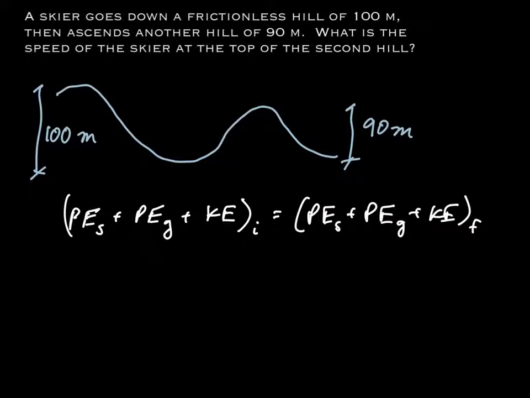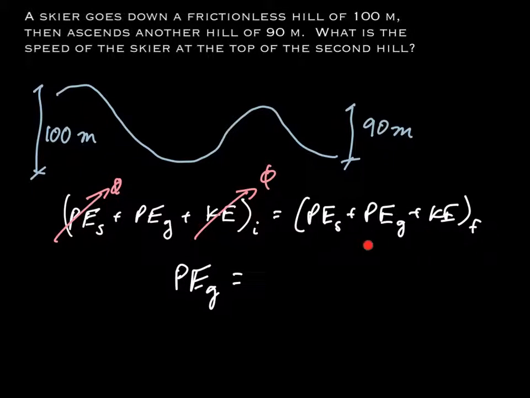So what do we have initially? Well, we know that they're at rest on the top of this first hill, so we can get rid of elastic. We can get rid of kinetic because they're not moving, so all we have left on this left side is gravitational potential.